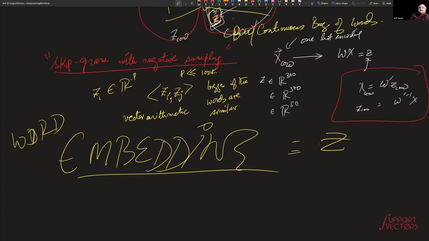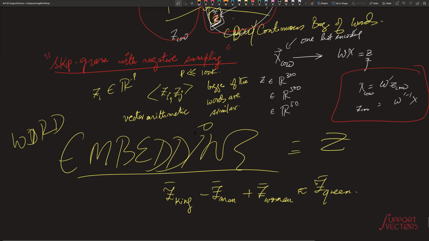That is one. The other interesting relationship people began to find is, if you do the word king, minus Z of man and plus Z of woman, you start getting approximately the value of Z for queen. And when people saw this sort of interesting vector arithmetic relationship, they began to get really excited.